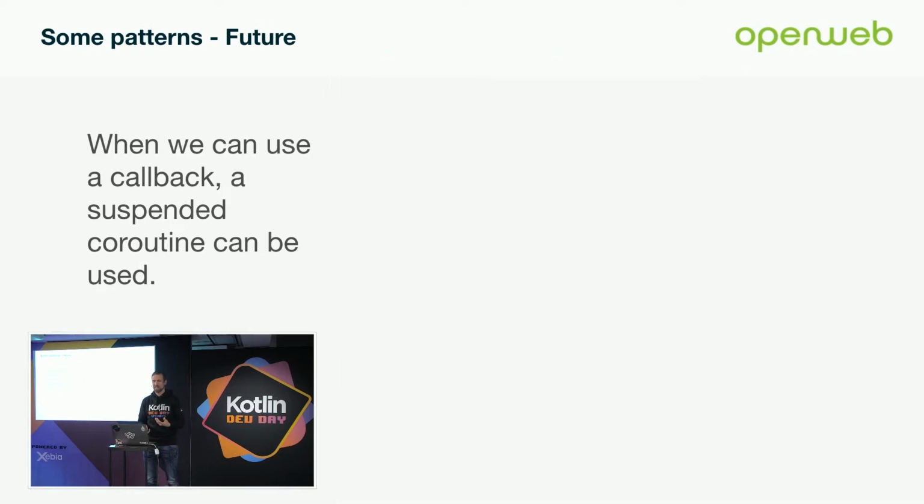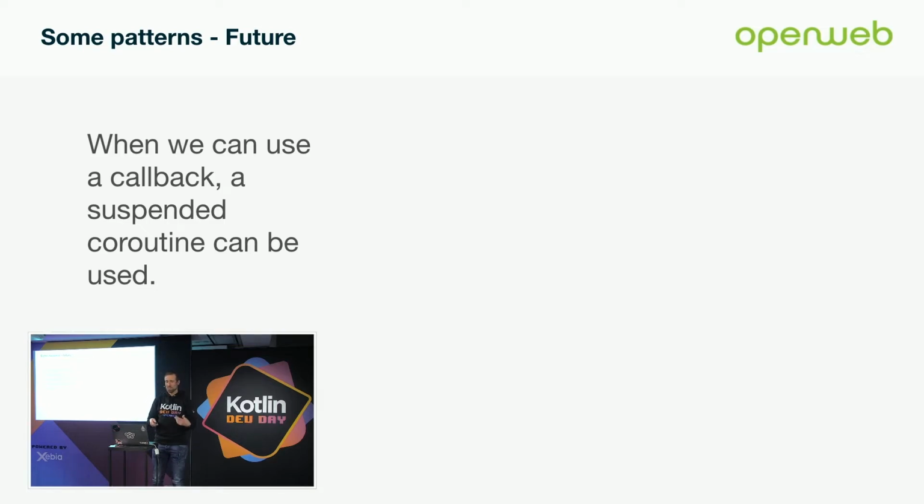Sometimes with Java APIs, you can also provide a callback. For example, if you use the Kafka API to produce something, there's a lambda that's executed once it succeeds, and then we can use a suspended coroutine, which is even nicer, because otherwise we are just checking each time and then having a delay, a check, and having a delay.